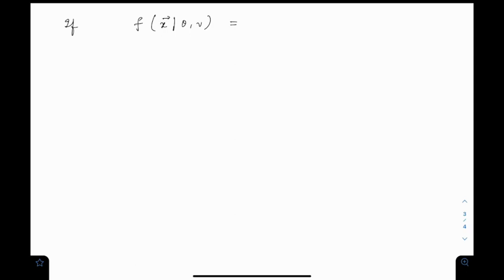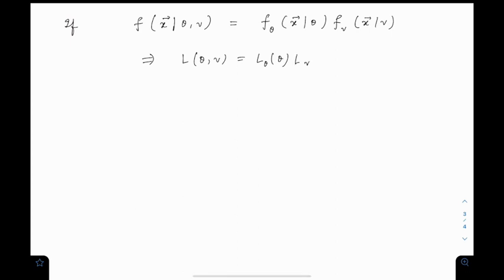So, if the PDF can be cleanly factorized into a theta dependent part and a nu dependent part, then we can write the likelihood as a product with L theta of theta as the product over all i's, and this piece is independent of the nuisance parameter.